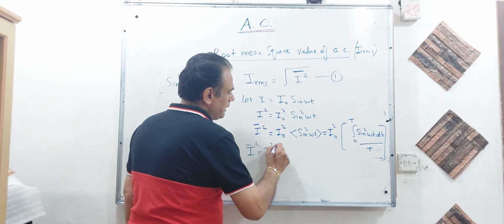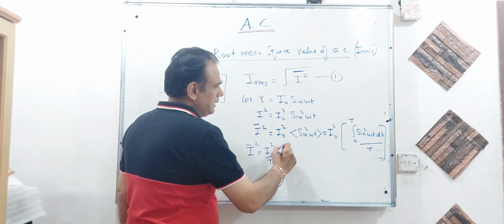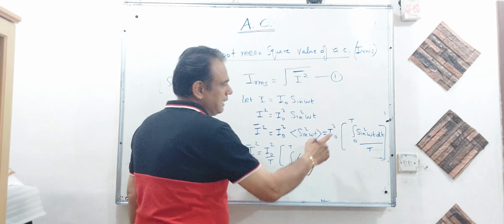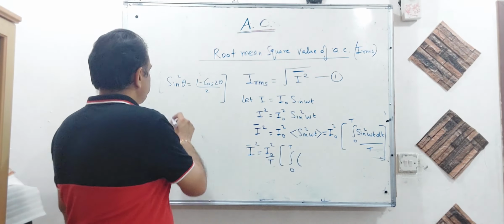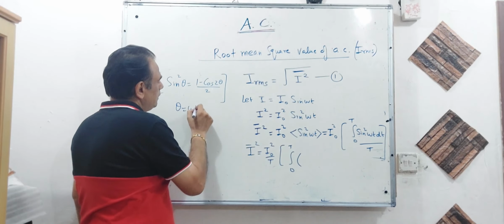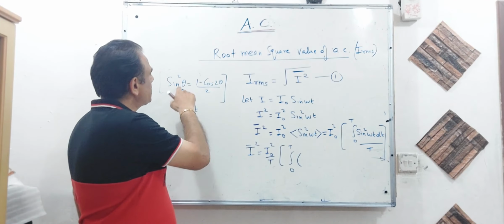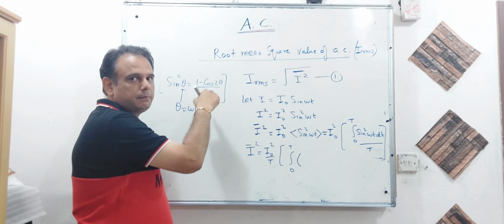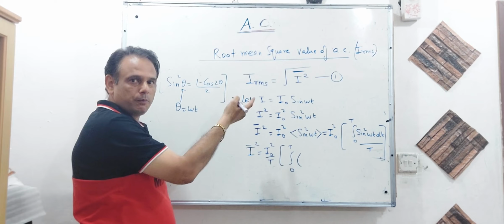I naught square by t. This t I have taken outside. Here, integration 0 to t. Now theta is omega t. We know what is theta? Omega t. So if you apply here, what will you get? Sin square omega t will be 1 minus cos 2 omega t by 2. 1 minus cos 2, theta is replaced by omega t.